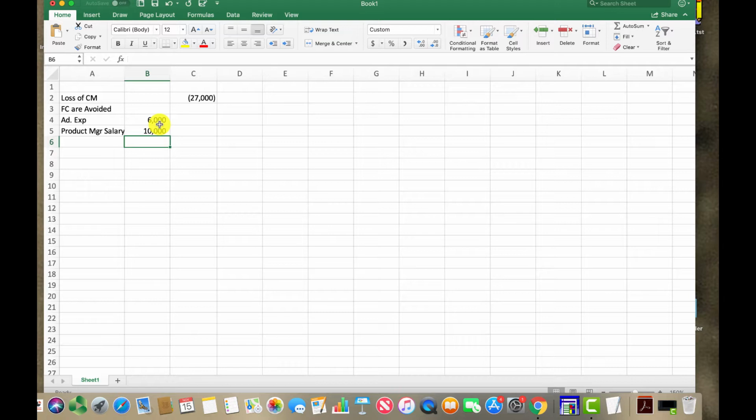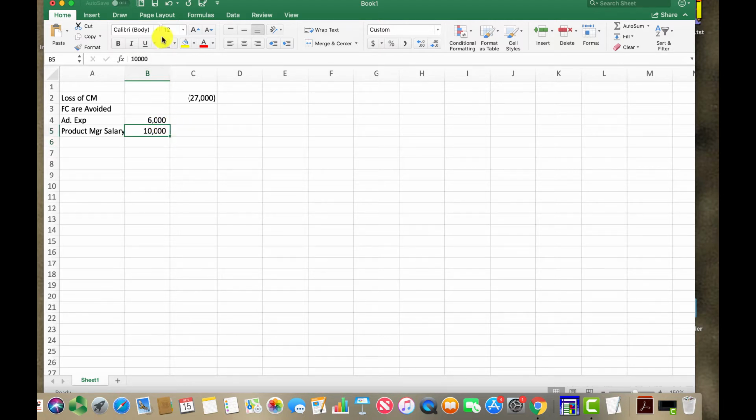The total fixed cost is still there. It's just going to have a new allocation to dirt bikes and mountain bikes. If you can think back to segment reporting, we can't avoid that by getting rid of this segment.